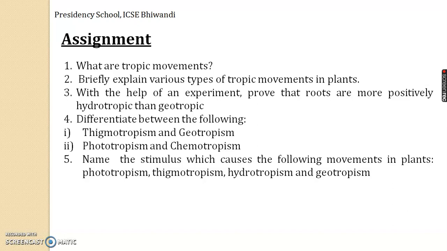When a question comes for differentiation, please understand that in brackets the parameters will be given on which basis you need to differentiate them, whether in case of definition or in case of the stimulus. So please read the chapter completely, thoroughly and understand well.